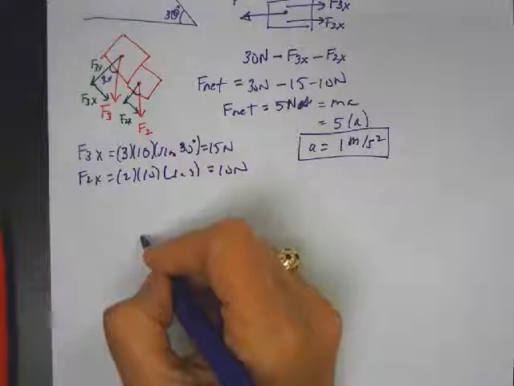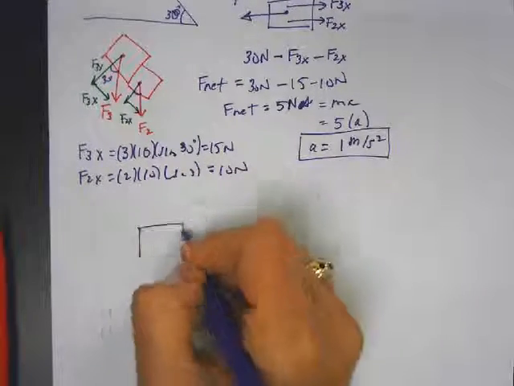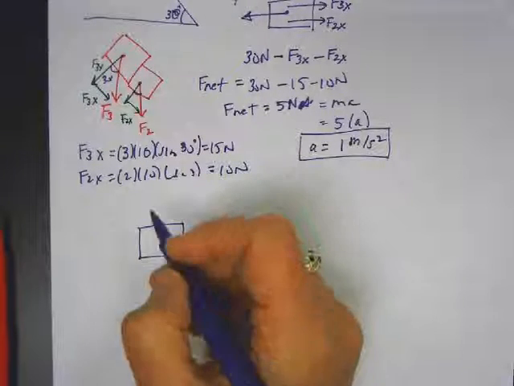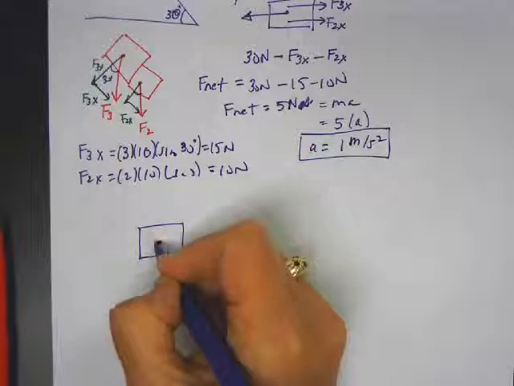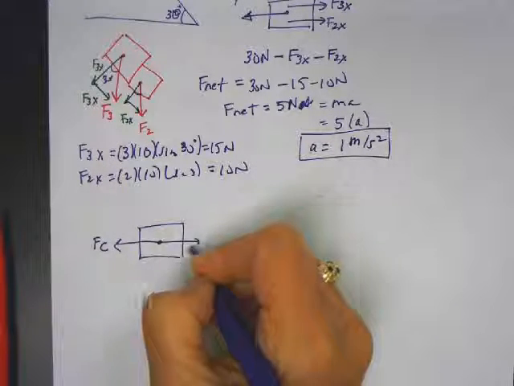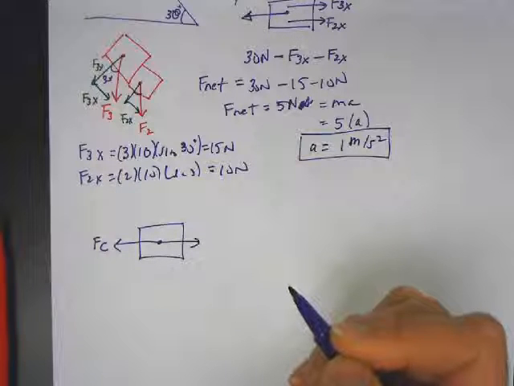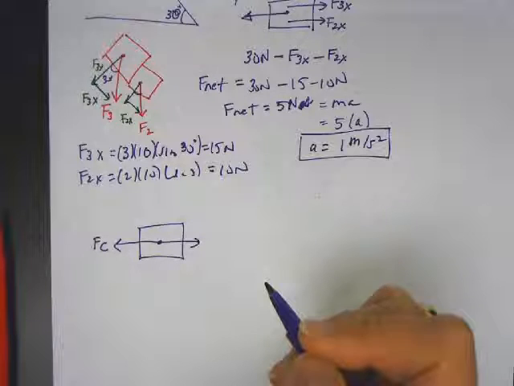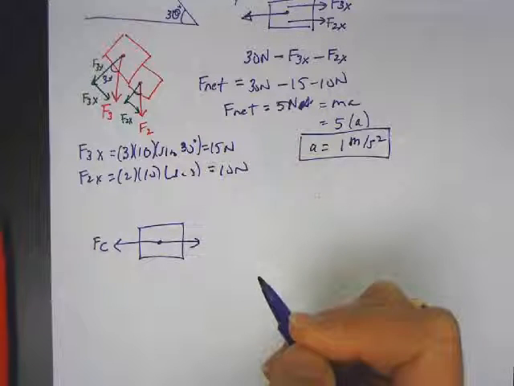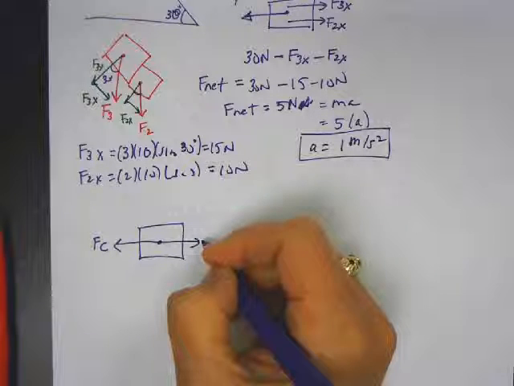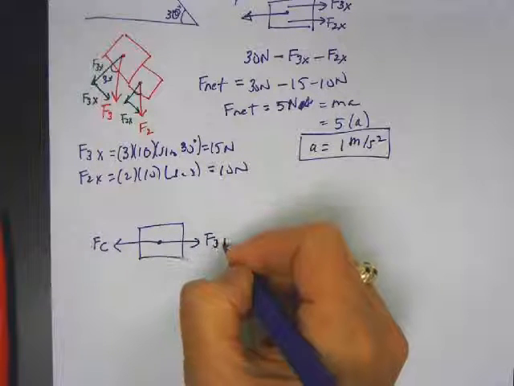So let's say I took the 3 kilogram block. Here's my 3 kilogram block, and I have the contact force going this way, so I'm going to draw it this way. And then I have the component of the weight going in the opposite direction. So this ends up being F3 parallel.